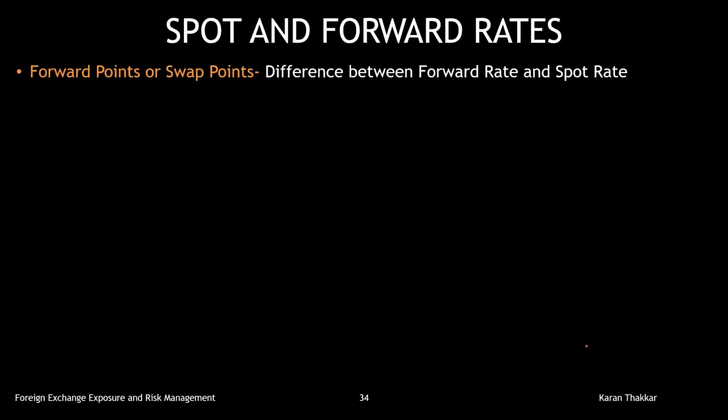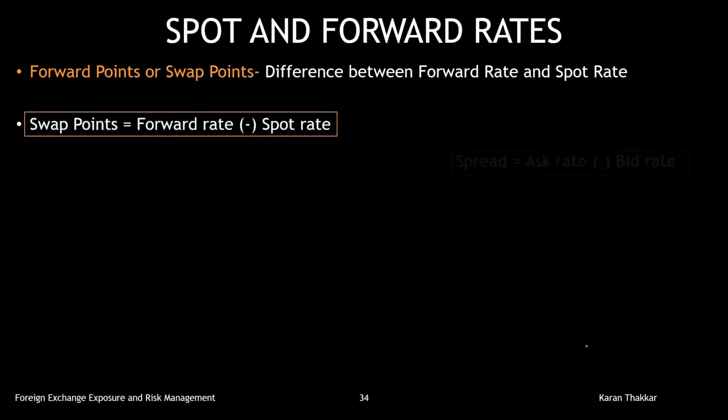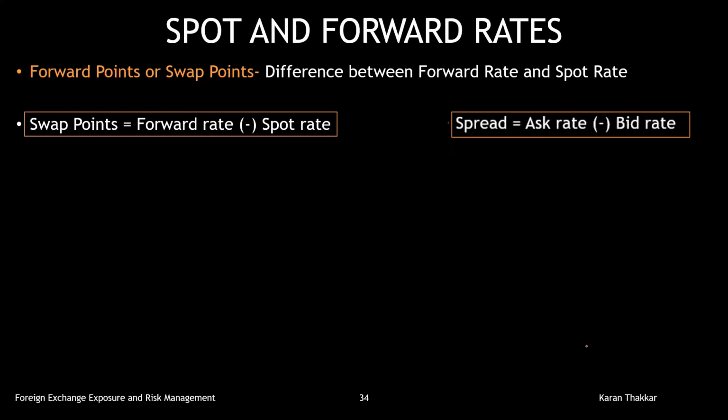Now that you know what pips are, we move on to the concept of swap points, or forward points. Swap points are basically the difference between the forward rate and the spot rate. Do not confuse swap points with the concept of spread, because swap points are the forward rate minus the spot rate, whereas spread is the ask rate minus the bid rate.